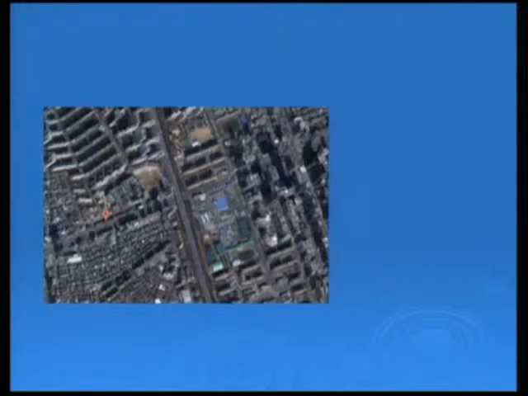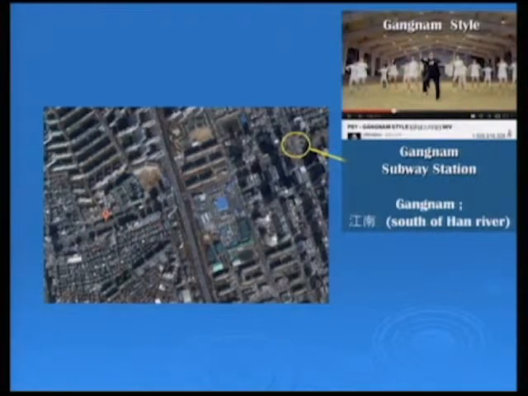This is the Google photo where I have practiced for 20 years near Gangnam subway station, which is exactly the same name as Gangnam Style. Gangnam simply means south of the river, the Han River.